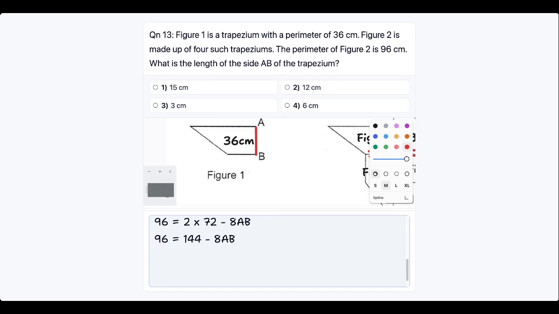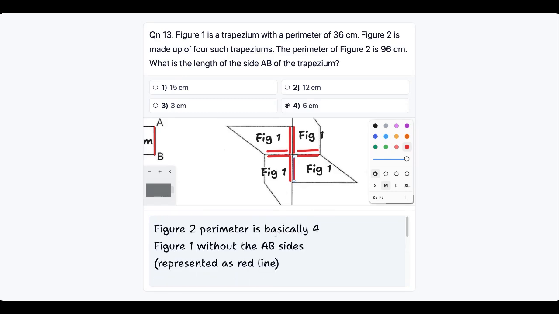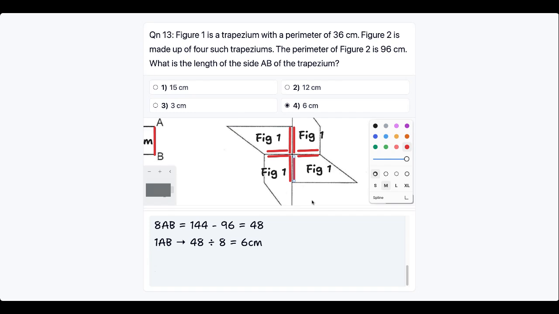In essence, 8AB is equal to 144 minus 96, and this is equal to 48. Yep, 48. And then 1AB is equal to 48 divided by 8, which is equal to 6 centimeters. Okay, there you go. Hopefully this makes sense. So this is how you do question number 13.